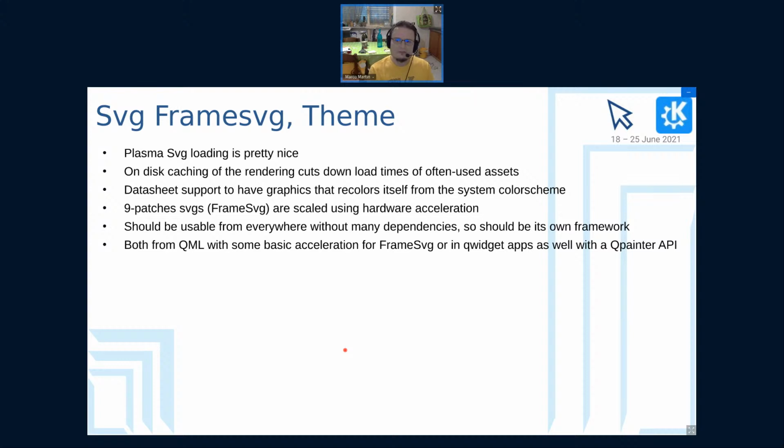We also have FrameSVG, which is also pretty useful. It's the classical nine-patch image used to do styled, decorated round rectangles that you can scale without the corners being horribly deformed. On the QML bindings, it has also some basic support for hardware acceleration, so resizing them is very fast.